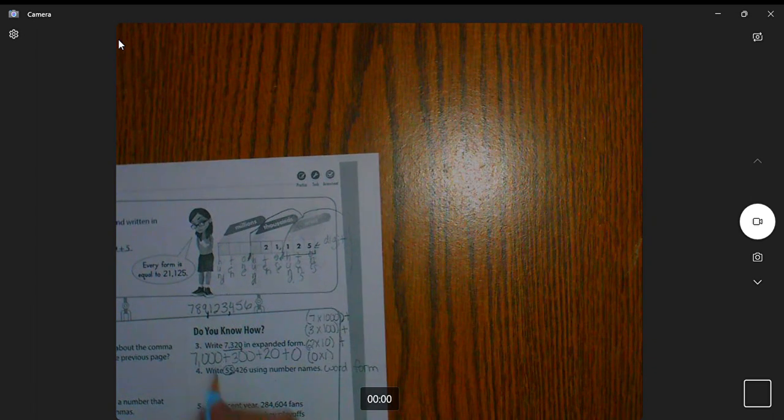So I have to write 55. And the period that it's in is the thousands period. 55,000. I put a comma because it has a comma. Ones, tens, hundreds. 400.